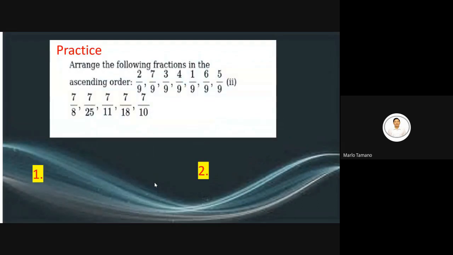Pagpatuloy. Let us have a practice. Arrange the following fractions in ascending order. The given set of fractions: 2 over 9, 7 over 9, 3 over 9, 4 over 9, 1 over 9, 6 over 9, and 5 over 9. When you say ascending order, that is from lowest to highest.